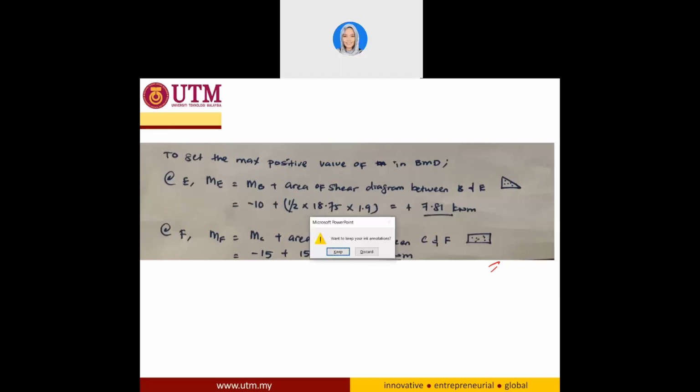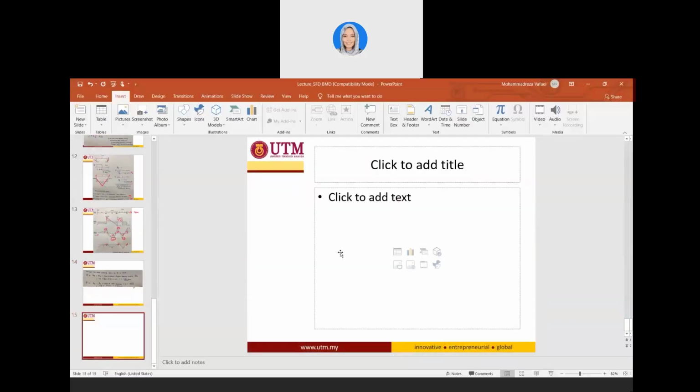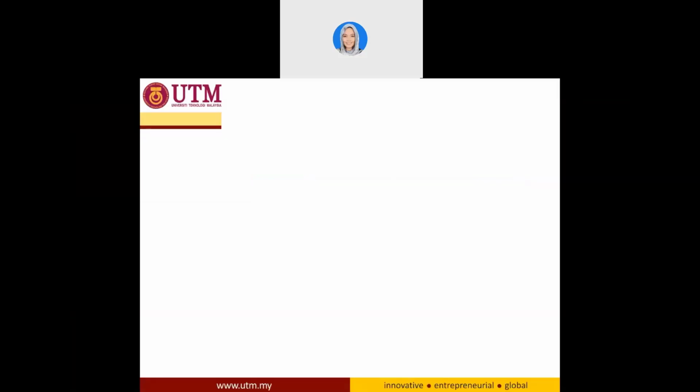Okay, for example, if we look into one here, if I draw it based on the continuous beam, I'm sure you have also already learned this method during your mechanics of materials, because this is the simplified method for it.